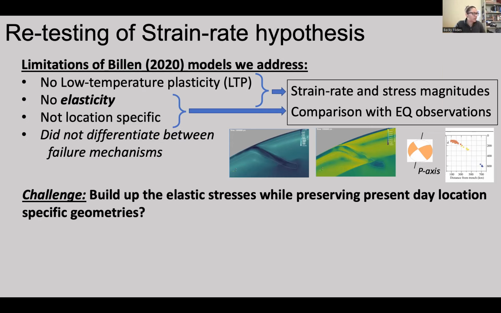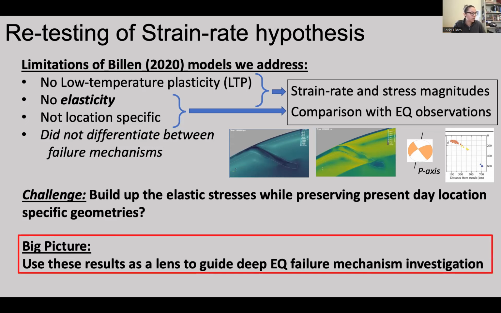Lastly, the study did not differentiate between those three failure mechanisms for how deep earthquakes could occur. So at the end, I'll zoom out and talk about the big picture of how we can use these subduction modeling results as a lens to guide deep earthquake failure mechanism.